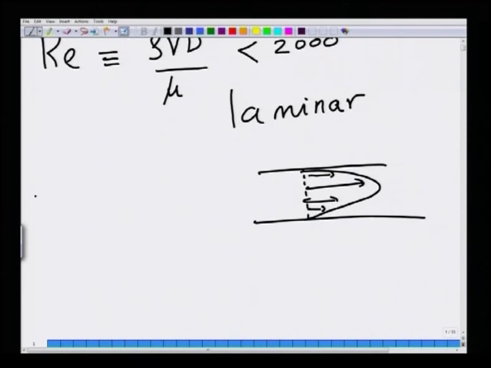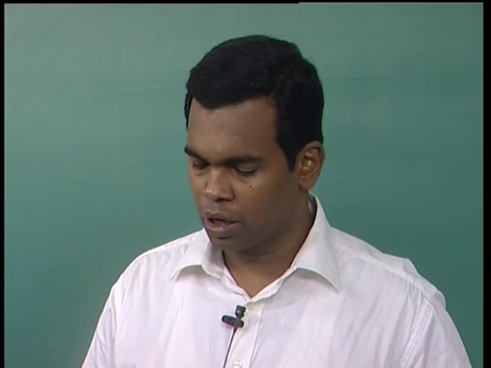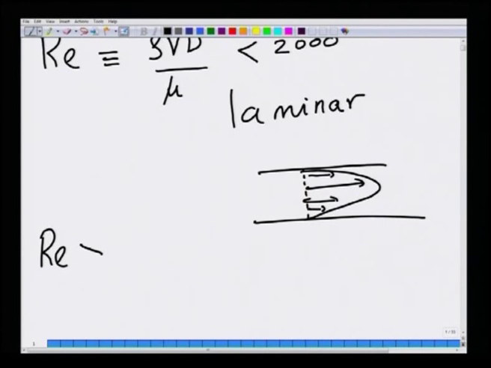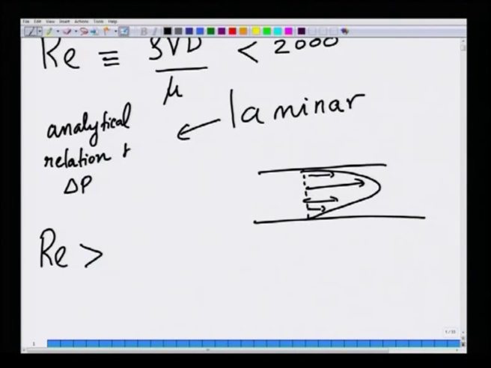Okay. But we also mentioned that when the flow is laminar, there is an analytical relation that exists between the pressure drop and the volumetric flow rate. Okay.